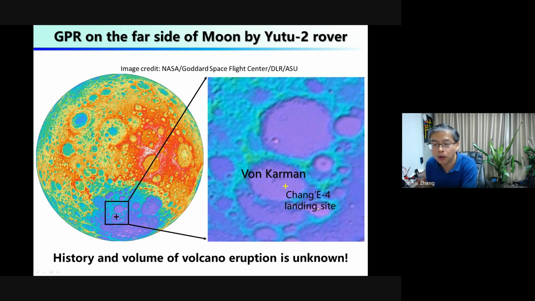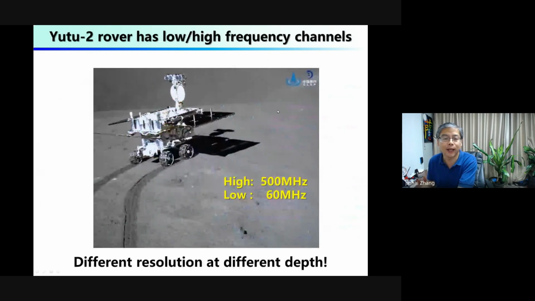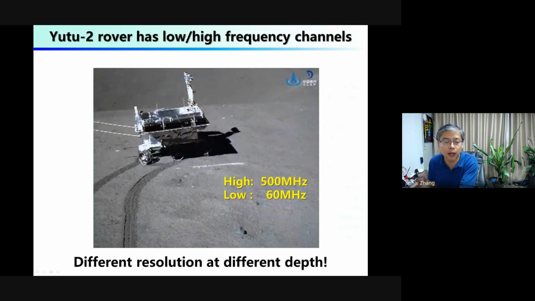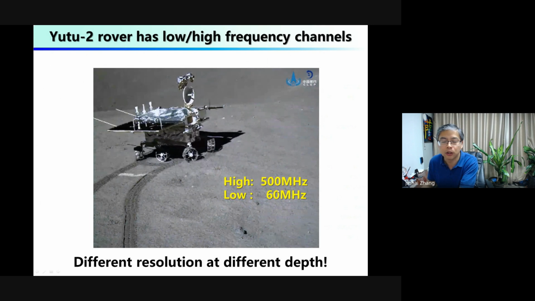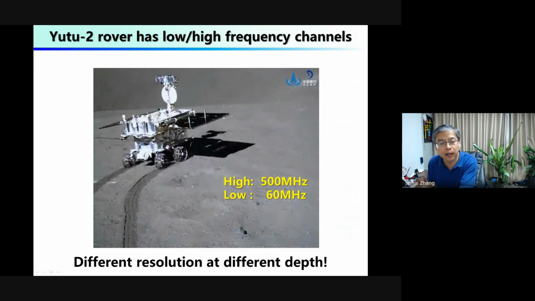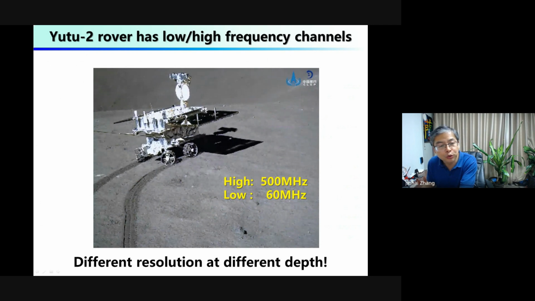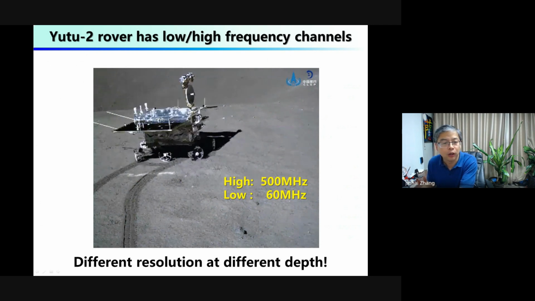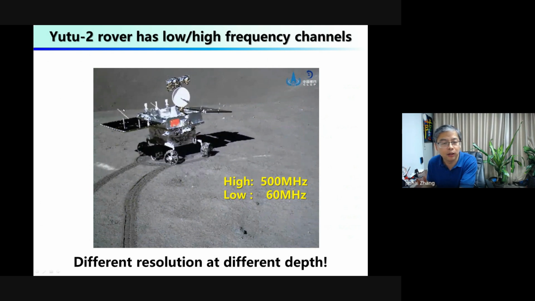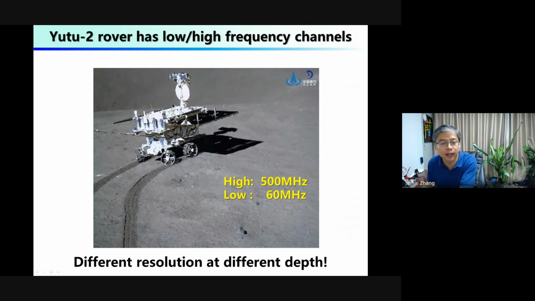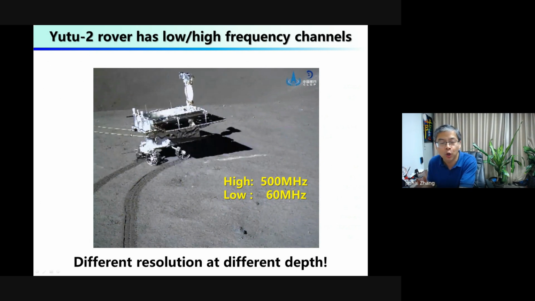So the Chang'e 4 mission can perform the first detection on this. We can see here is the rover. There are two channels. The first is the high frequency channel, with a dominant frequency of about 500 megahertz, under the bottom of the rover. These two are the low frequency channel: two antennas, one can emit an impulse, and the other acts as the receiving antenna.